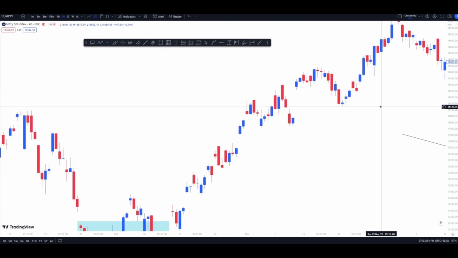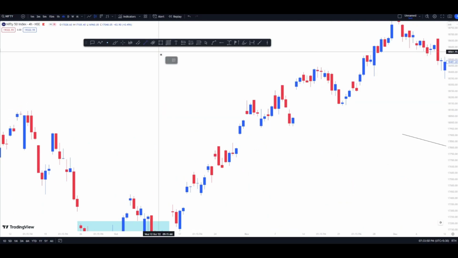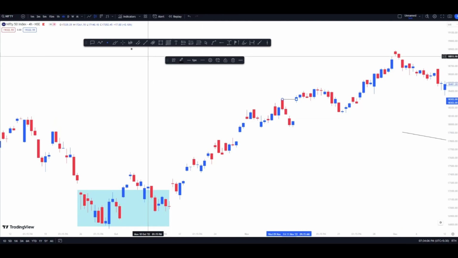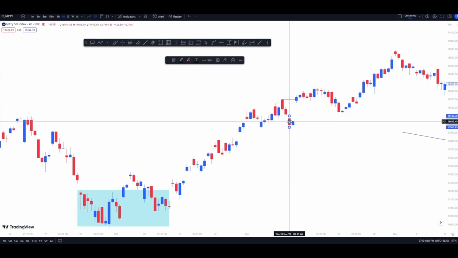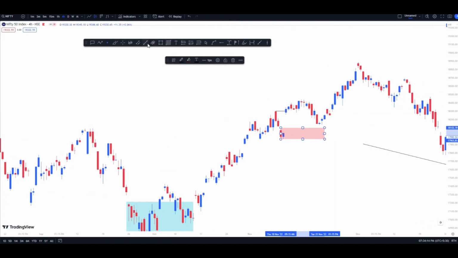Here also we can see that a swing low has been made, a swing high has been made, and price is already trading towards the upside. So this is a bullish break of structure. Price came inside this demand zone, it didn't get respected, but for example's sake we are trying to understand. Sorry, not supply, demand zone.